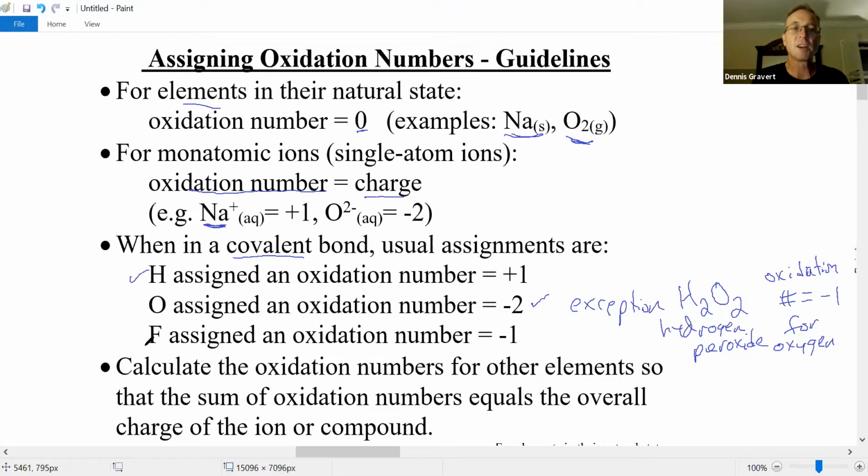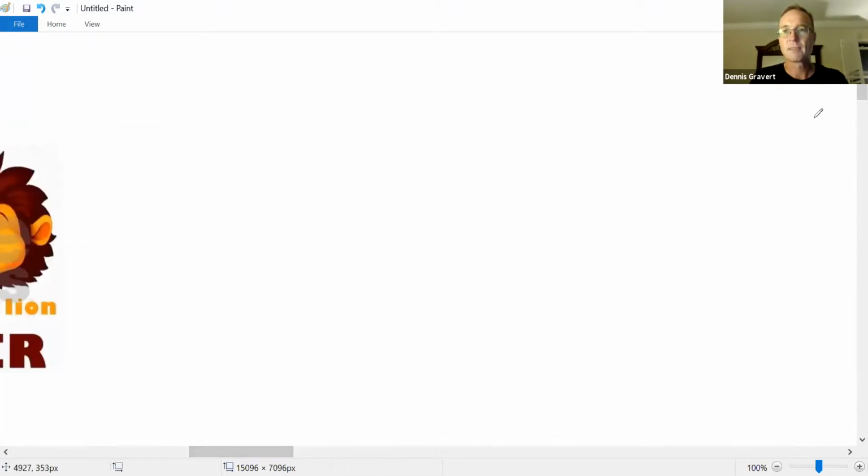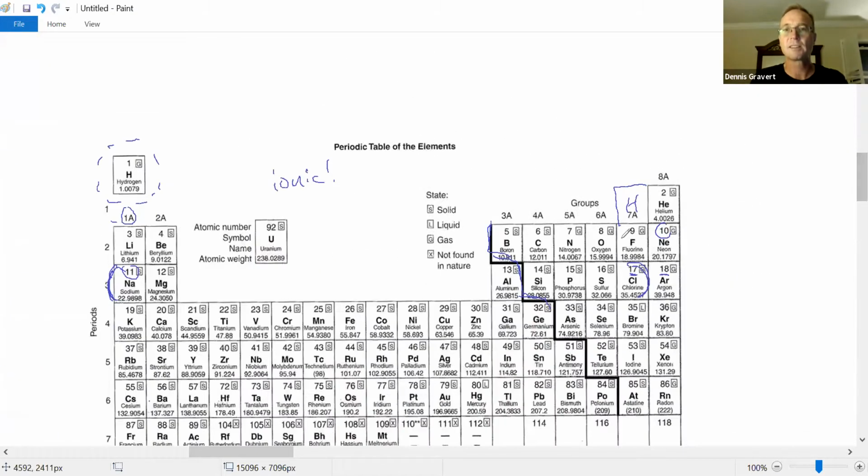So fluorine, it's one of the halides. Periodic table real quick. Fluorine, where are you? It's the bully of the periodic table, most electronegative atom. It has 9 electrons, but it would like to have 10. So it's all about trying to steal 1 more electron to be a -1 anion.